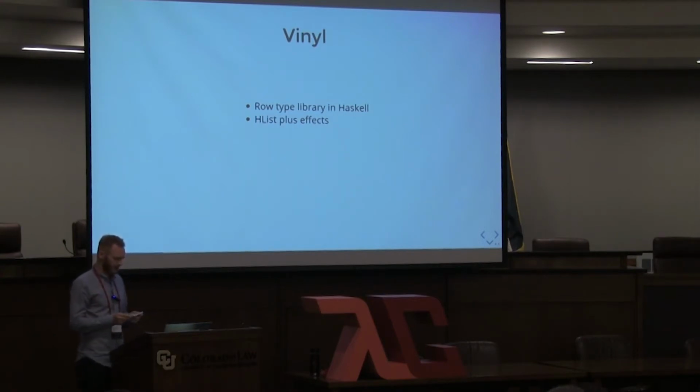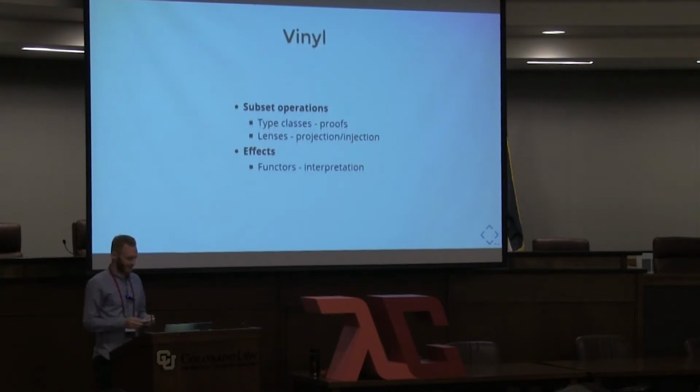So I'm not going to go into HList, except as sort of an example. But there's also this notion of effects in Vinyl, which is really nice for composing sequencing operations. As you all know, you're here, so you know how good effects are.